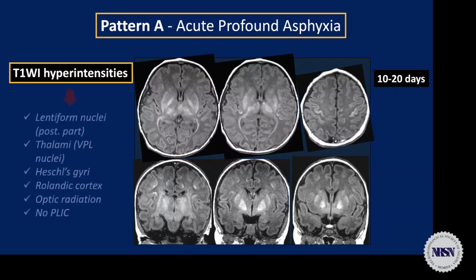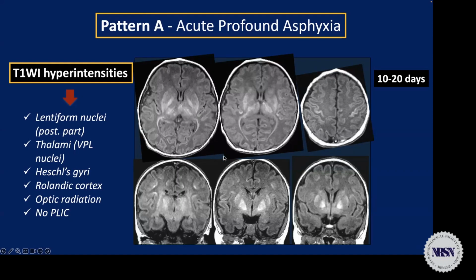You can see that lentiform nuclei, the posterior part of these nuclei, thalami, in particular the ventroposterolateral nucleus of the thalami here, the Heschl gyrus, that is primary auditory cortex, the Rolandic cortex here, some part of the optic radiation, and you cannot find the normal hyperintensity of the posterior limb. So all these hyperintensities are definitely pathologic 10 to 20 days after the insult.